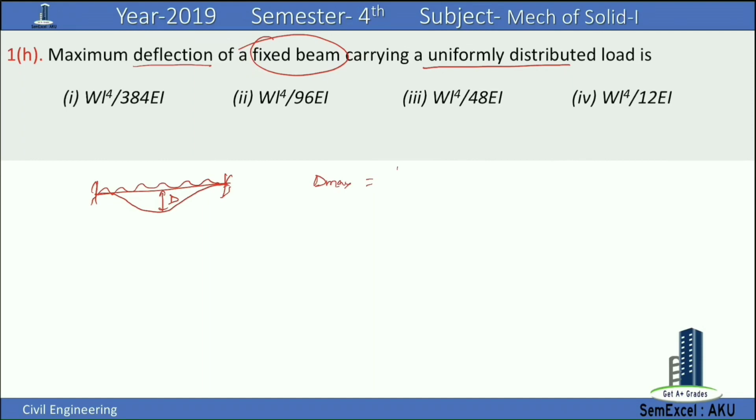We have told that this deflection is equal to one fifth of the deflection of a simply supported beam. That is one fifth of 5/384 WL to the fourth by EI. The 5 gets cancelled out, and we are left with WL to the fourth by 384 EI. So the fourth option is the correct option.